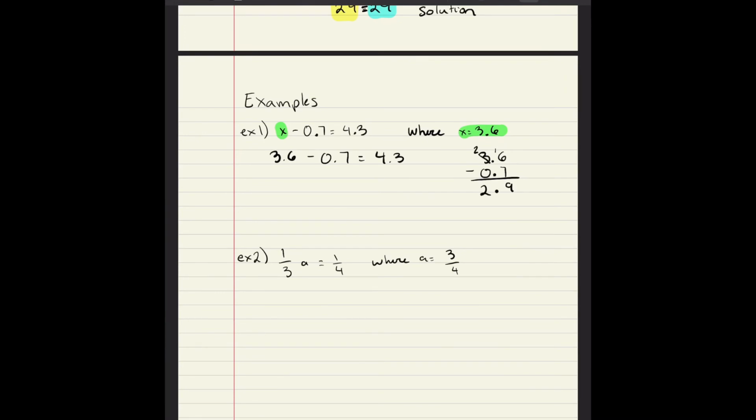So when I solve for 3.6 minus 0.7, I get 2.9, and I need to bring down the rest of my work, leave no one behind, 4.3.